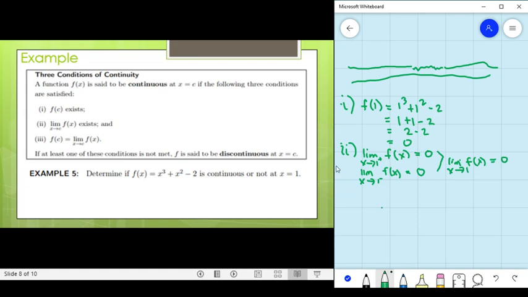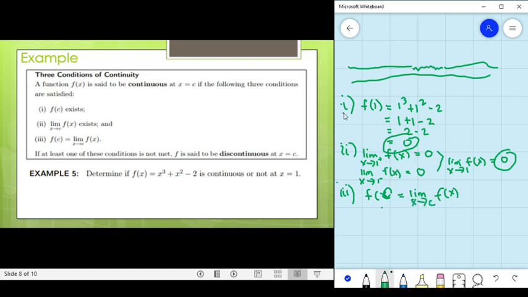Okay. And the third one: since f of 1 is equal to the limit of f of x as x approaches 1, therefore we can say that f of c is equal to the limit of f of x as x approaches c.